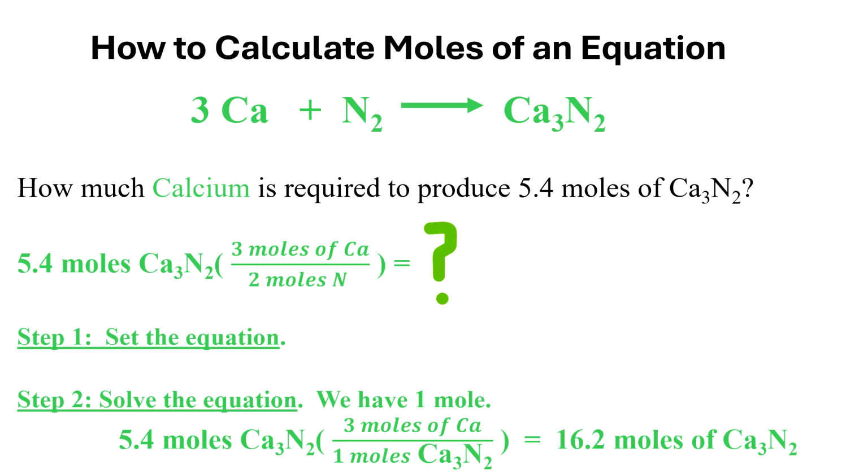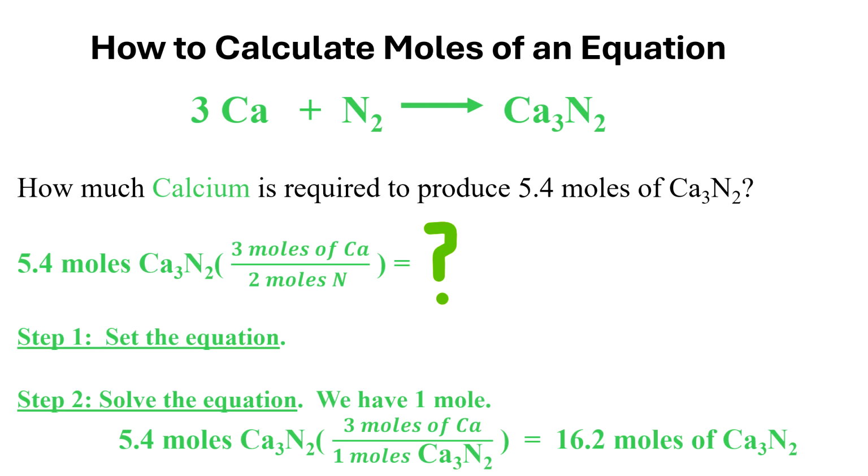Some people say calcium nitrate. It doesn't matter right now, you just need to get a hold of it. Now they're asking how much calcium is required to produce the 3 atoms of calcium combined with N2. So this is actually a combination equation, but they're asking, do you need 5.4 moles? How much calcium exactly?